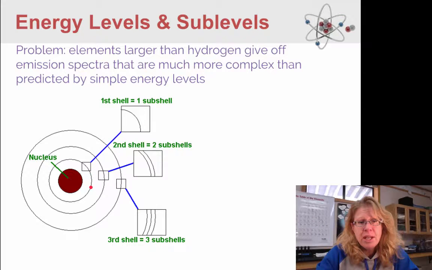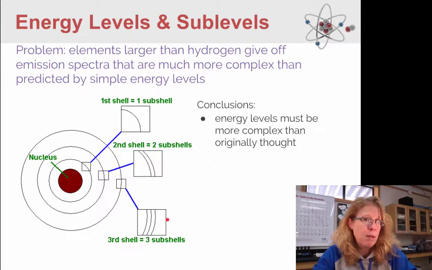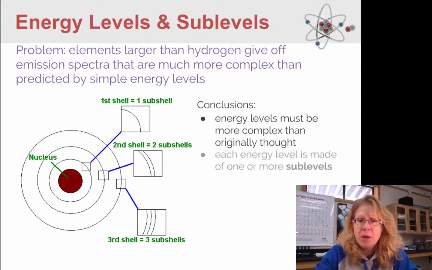As they started to look at the evidence, they realized that each energy level could be broken down a little bit further, and the pattern is fairly straightforward. When they looked at these more complex light patterns, they realized there were more jumps available than they originally thought, because more different colors of light were being produced.